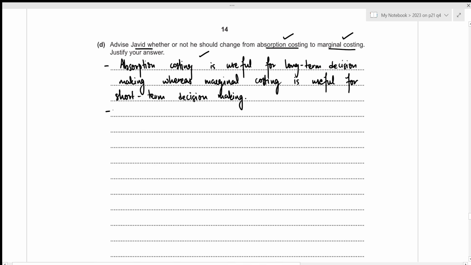Let's write it down. We can start with absorption costing. Can be useful in setting selling prices.